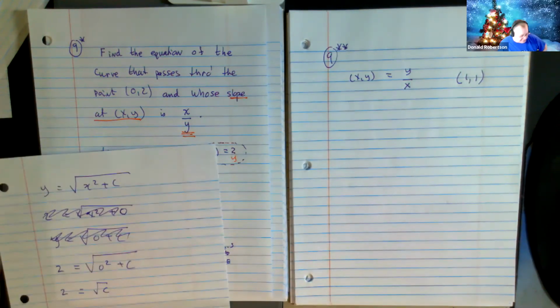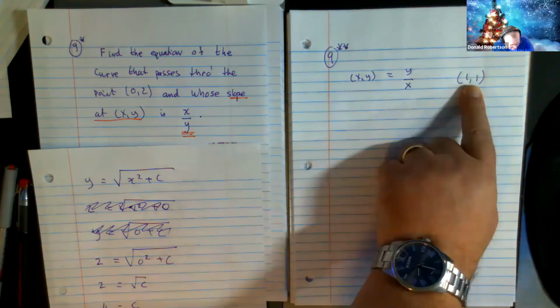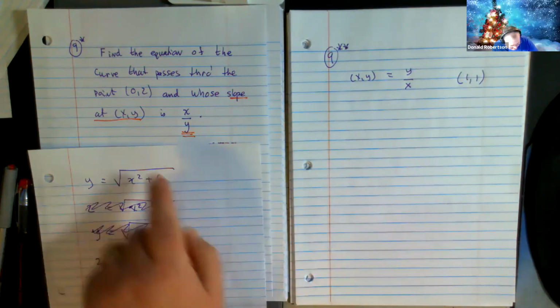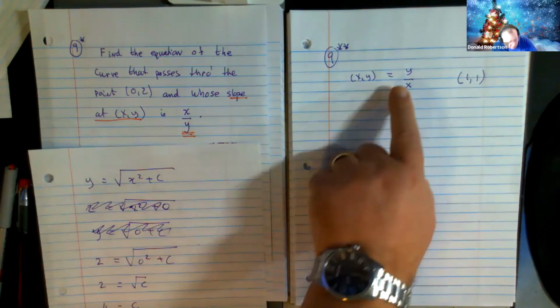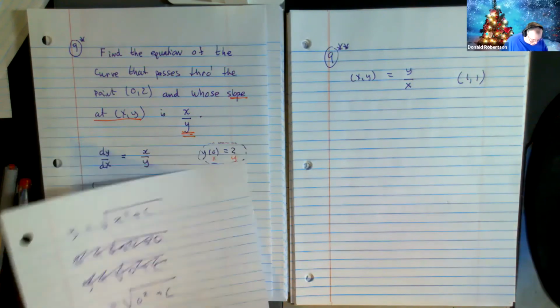Solve that one. So it would be a curve that passes through the point 1, 1, and whose slope at any given point xy is y over x. Now, all I've done is switch the two guys round. And trust me, that is not a pretty thing.